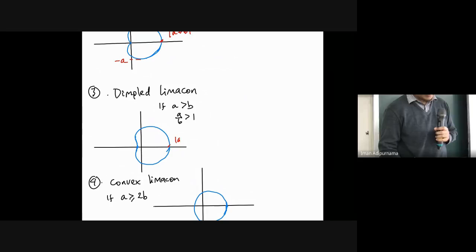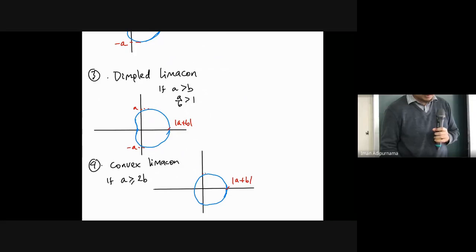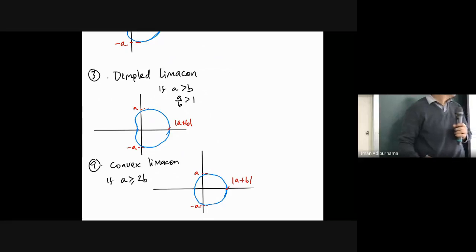This is the distance of A plus B. This is also A plus B. And this is A, this is minus A. This is also the same.